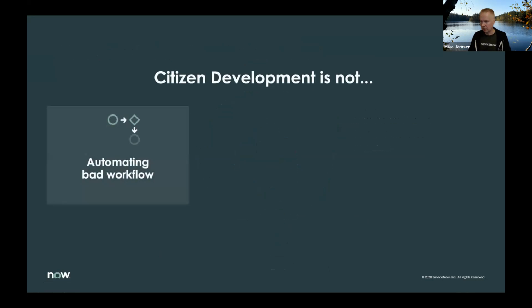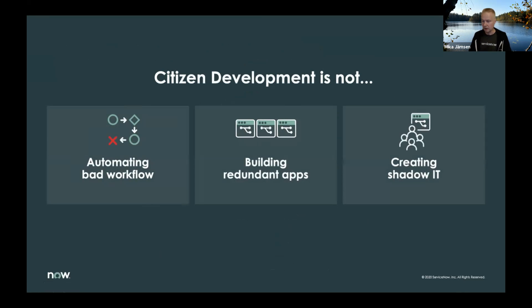What citizen development is not, it's not about automating bad workflow. So if you have, let's say, an inefficient way of working within your company in some processes, for instance, automation doesn't help that at all. If you just take it as is and put it on top of the ServiceNow platform, it doesn't get any better.